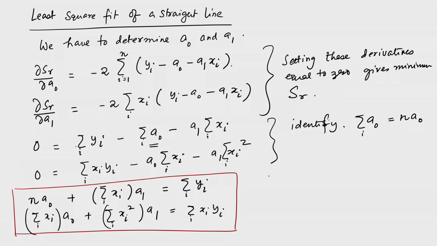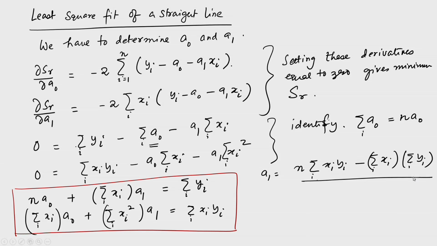If you solve these two equations for the two variables A 0 and A 1, one gets A 1 equal to n sum over i x i y i minus sum over i x i times sum over i y i, divided by n sum of x i square minus the sum of x i, whole square.